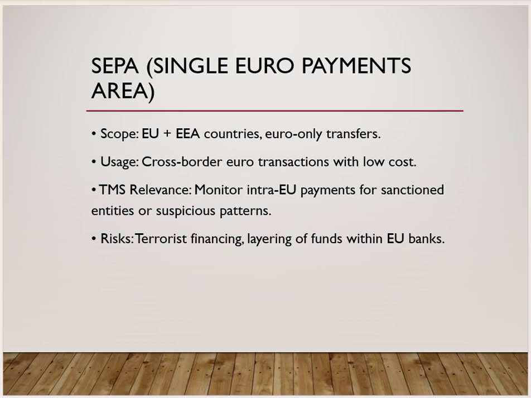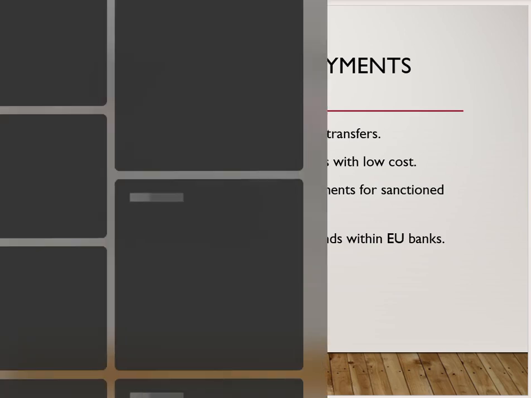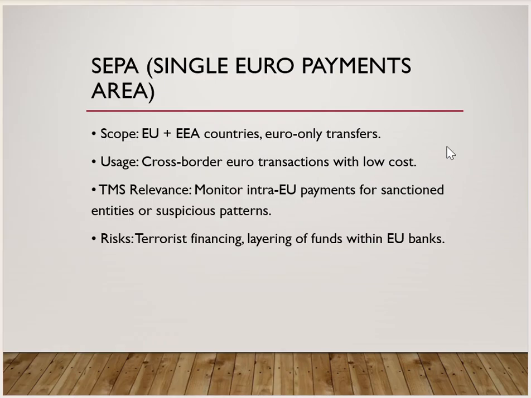So we need to do name screening of this transaction for the beneficiary, and identify suspicious patterns from this transaction. The risks are terrorist financing and layering of funds between EU banks. So we need this identification.